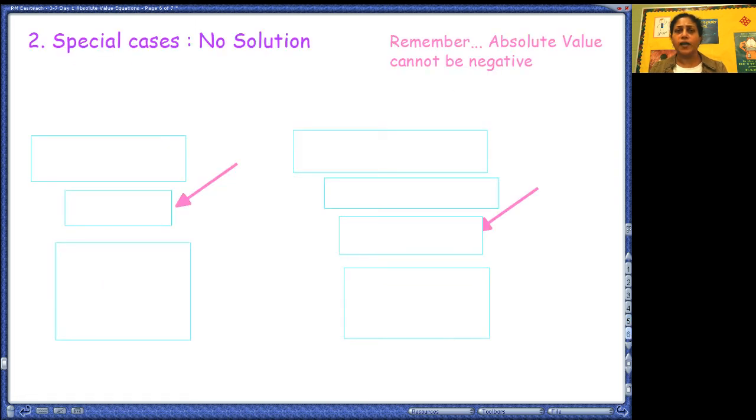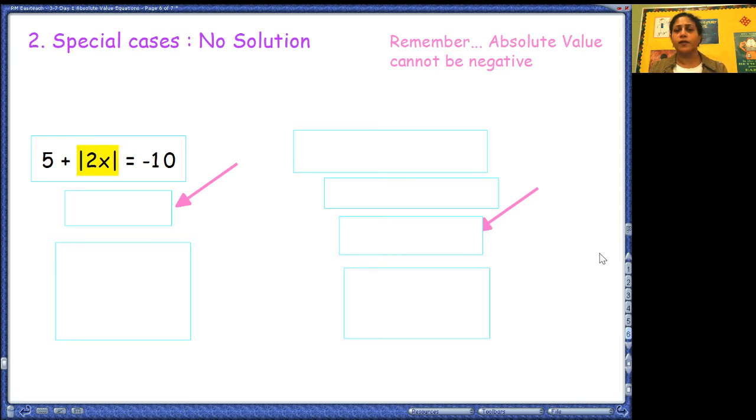Now sometimes there is no answer because absolute value cannot be negative. Absolute value has to be positive. So here are some examples. Let's say that's my equation and I highlight the absolute value.